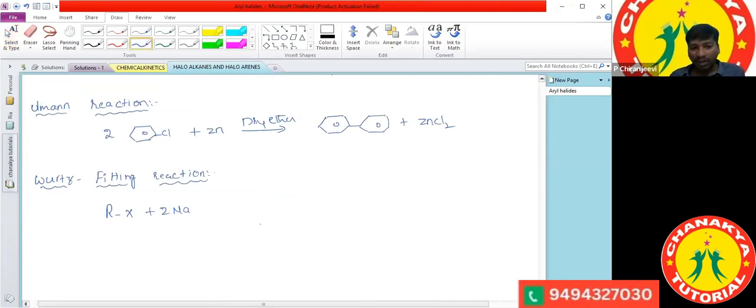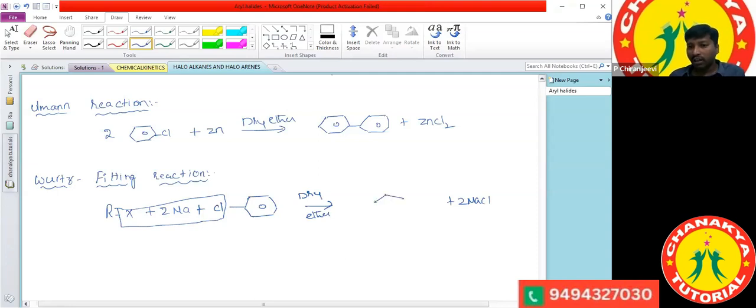So I am writing like this here: 2 moles of sodium metal, chlorine and benzene ring. The reaction is carried out in presence of dry ether. Now if we remove the 2 chlorine atoms, it forms a byproduct, 2 moles of NaCl.